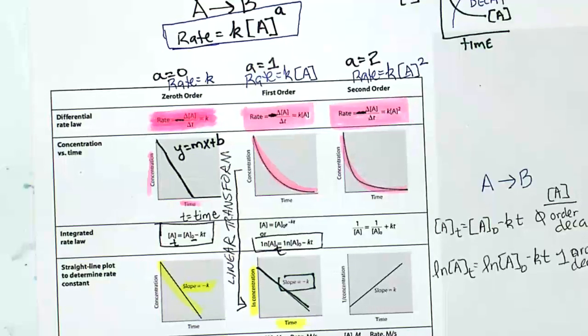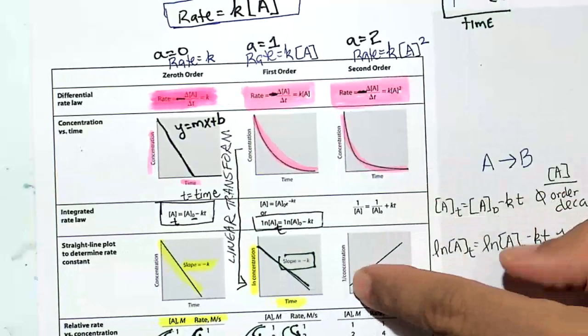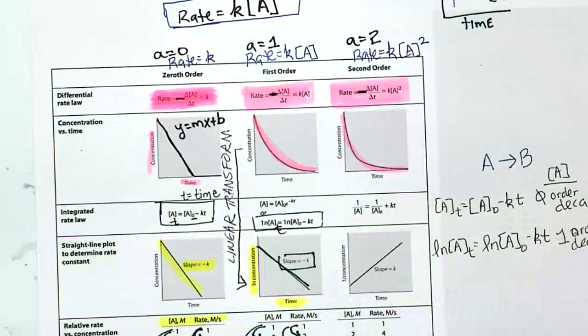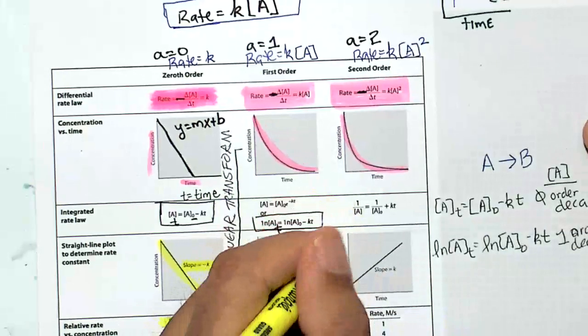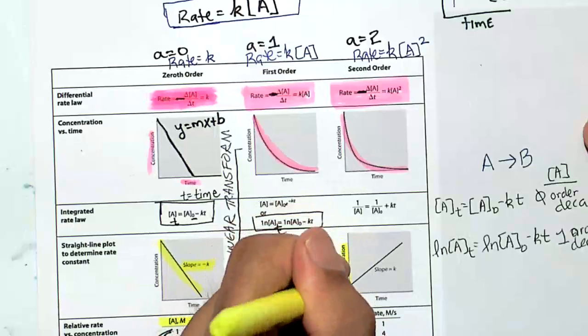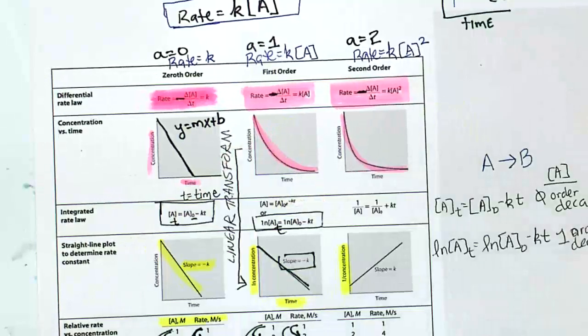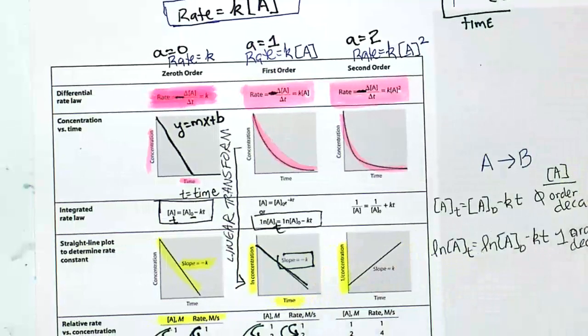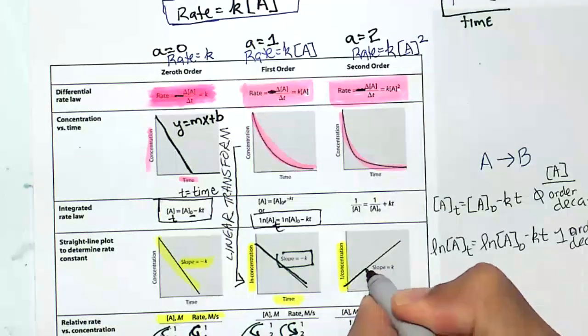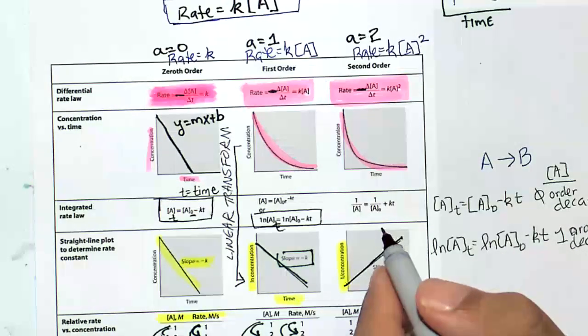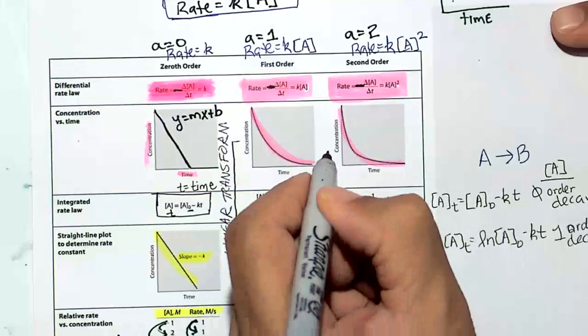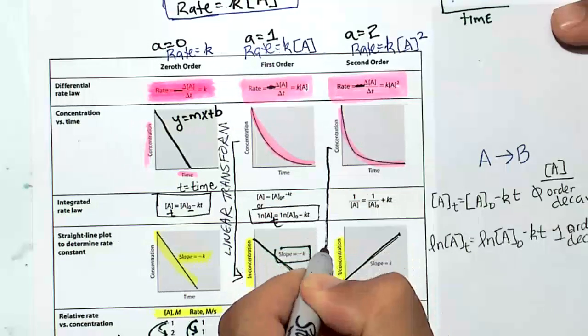To do our linear transform, we will take 1 over concentration over time. If you take 1 over concentration versus time and you plot it and you get a straight line, what is the order of decay then? Second order. So this is the linear transform.